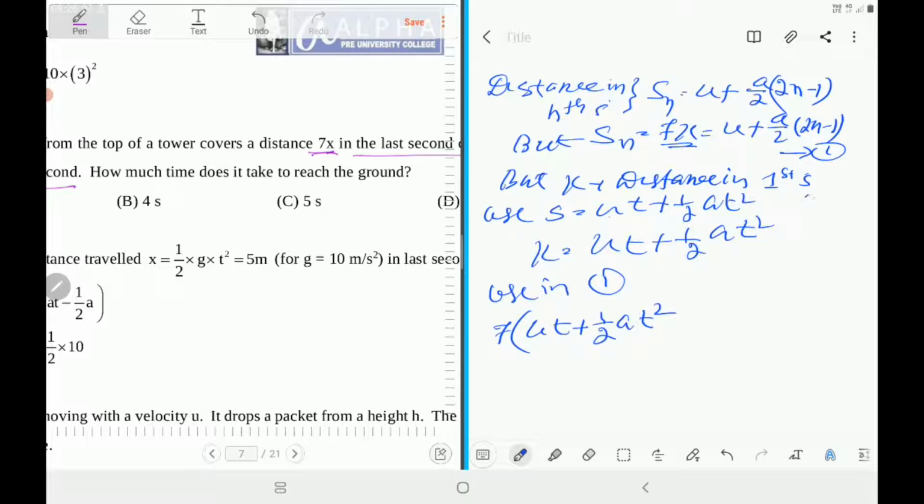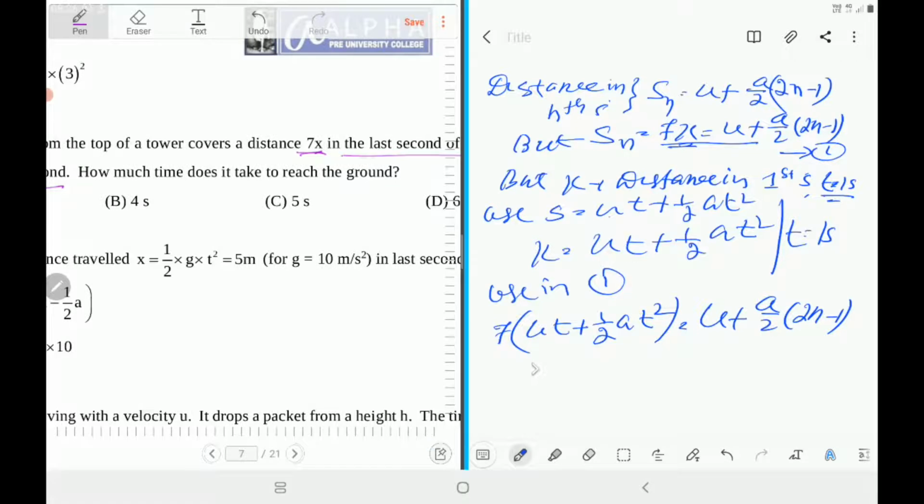Here t equals 1 second. Remember, t is 1 second in our discussion. And that equals the right side term, u plus a/2 times (2n minus 1). That's all.